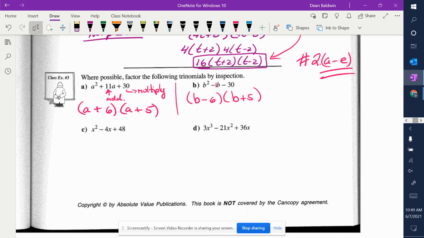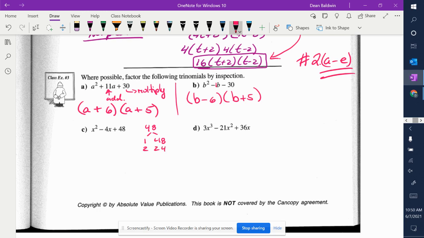What multiplies to 48 and adds to negative 4? What are the factors of 48? What multiplies to 48? Well, 1 and 48. That doesn't work. What about 2? 2 times 24.